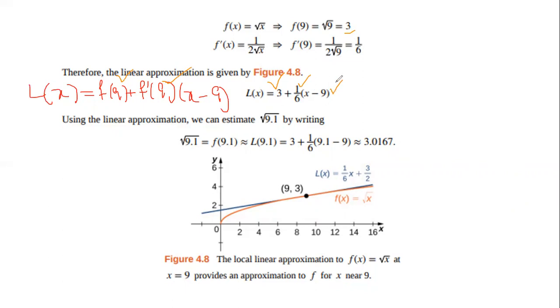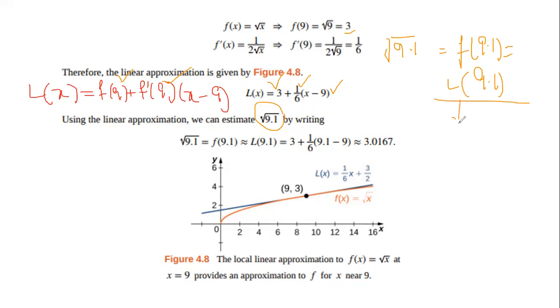Now we have to estimate root 9.1. So root 9.1 equals the function at 9.1, and I have to approximate it with the linear approximation, so it will be L of 9.1.